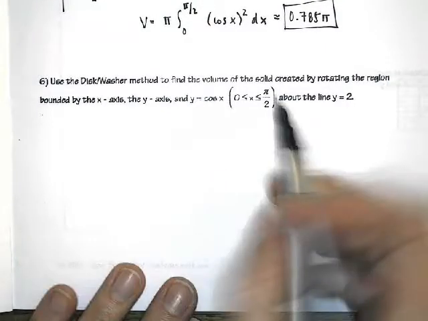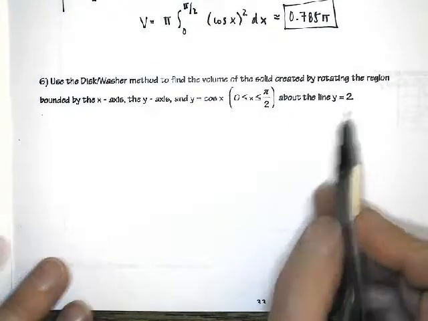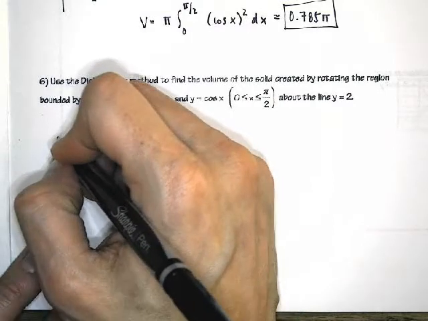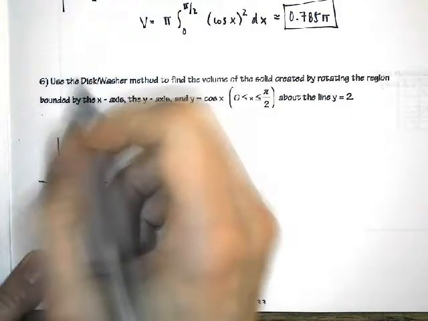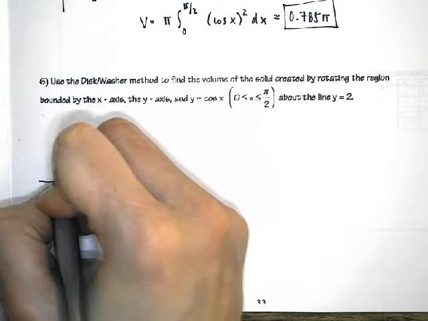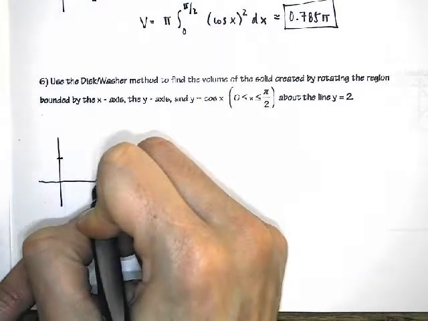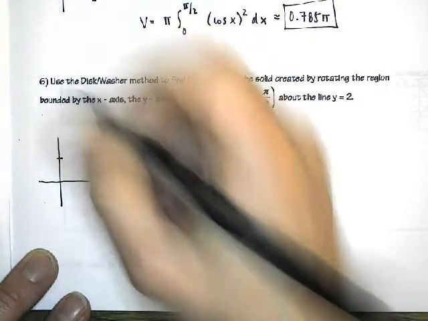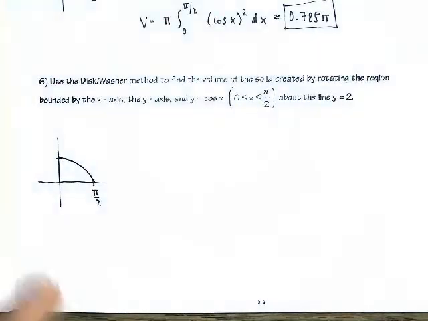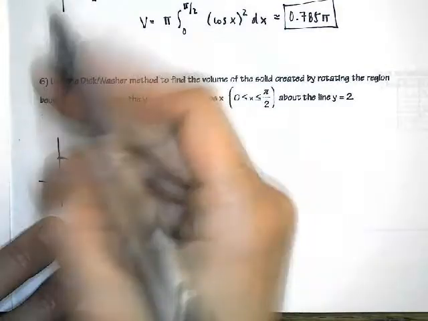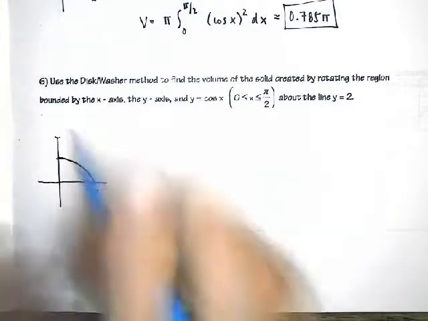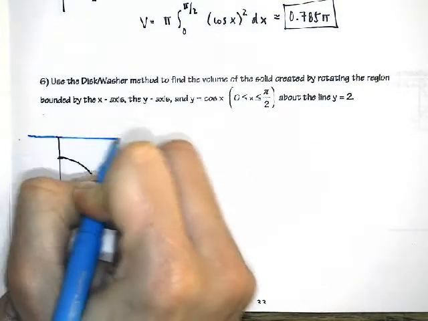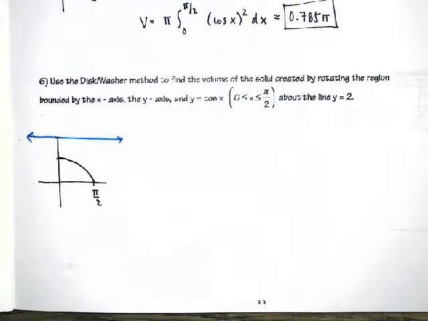Okay, same region, but now we're revolving about the line y equals 2. So let's see what that would look like. So 1, pi over 2. We know we look something like this. And let's see, now the line y equals 2. Well, this was 1. So now we're revolving about this line here.